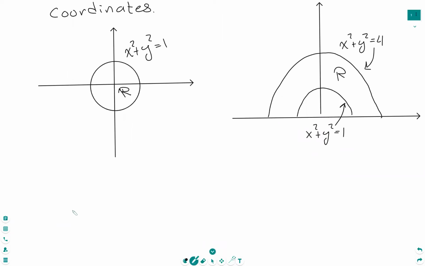So kind of how to describe our first circle here is we can say that R is the set of all points r and theta such that r goes from 0 to 1, and theta goes from 0 to 2 pi.